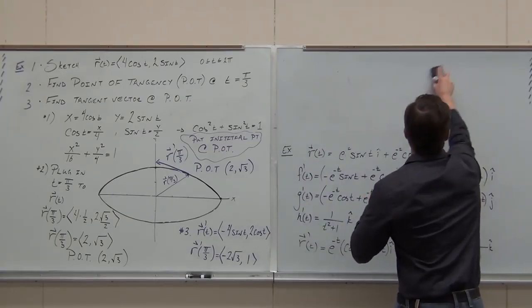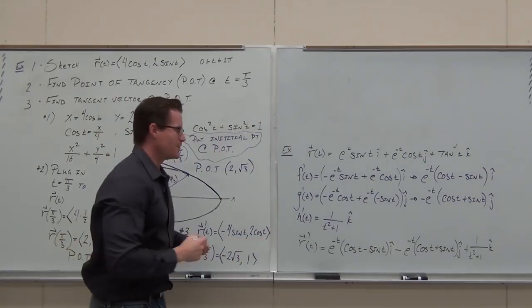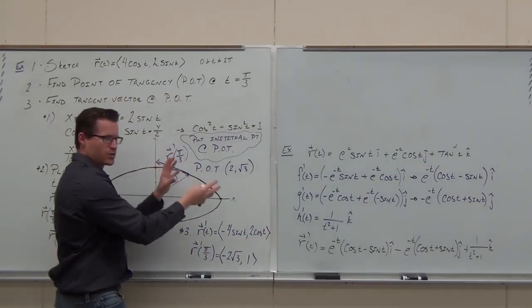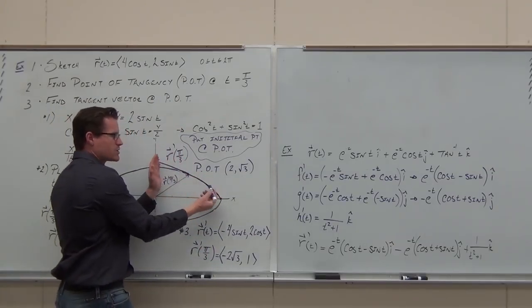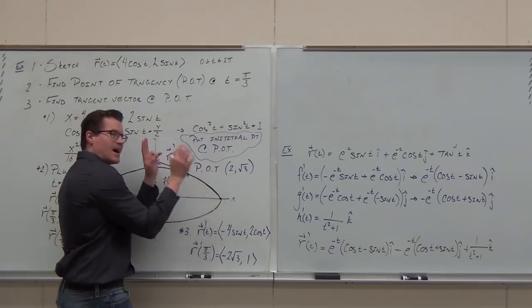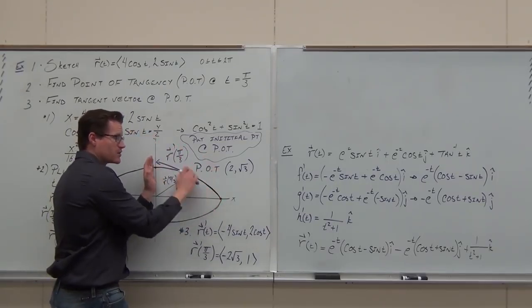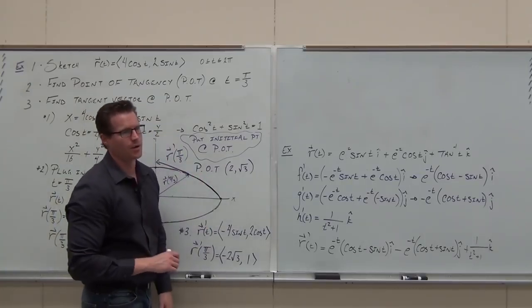So if your tangent vector is going the opposite way, you did something wrong. Now, you can change with some weird functions, you change back and forth. But if my orientation is going this way for this time interval, the domain of my parameter, and then you find a tangent vector headed the opposite way for that specific time interval, you've done something wrong.